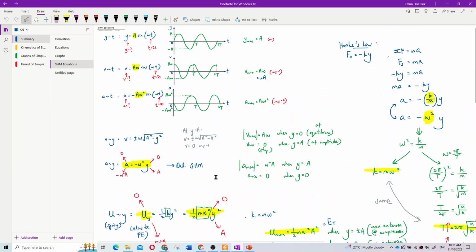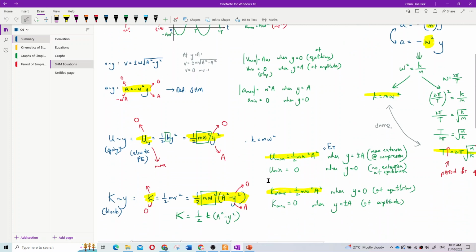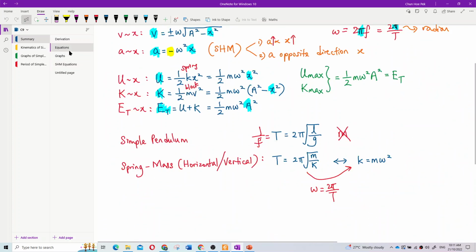Yeah, period is 2 pi square root L over g. If spring mass is 2 pi square root m over k. Kalau simple pendulum is L over g. Spring mass is m over k.